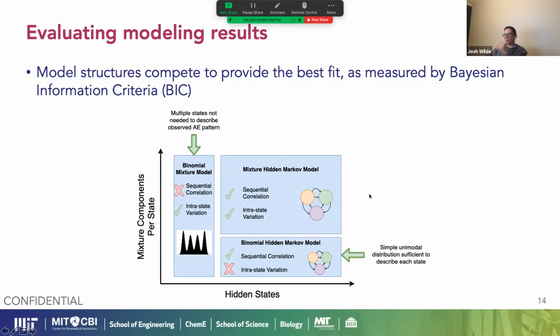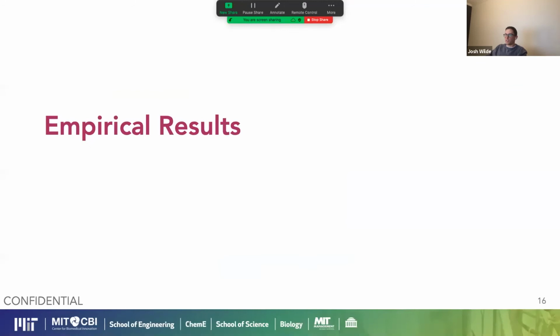And what this plot is showing is that if the model that fits our data the best is of the form where there are multiple hidden states necessary to describe the variation in the dynamics in the adverse event rates in the sequence of lots that we're studying, then we can infer that the true population generating distribution for that sequence had this sort of sequential correlation behind it. And that's what we see here.